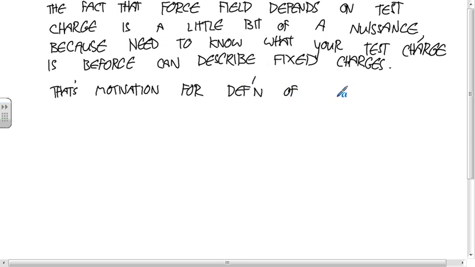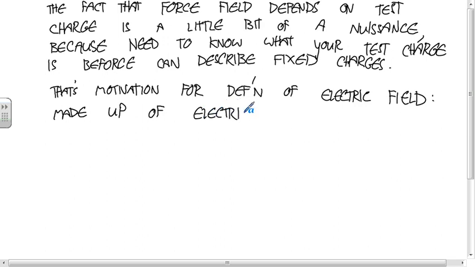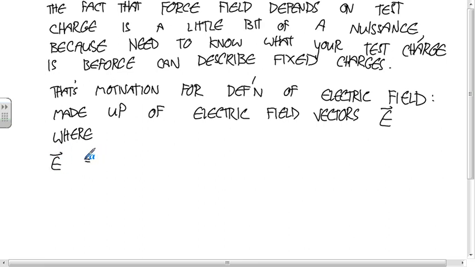For the definition of the electric field: the electric field is made up of electric field vectors, capital E, where capital E is equal to the force vector divided by the test charge at each location.